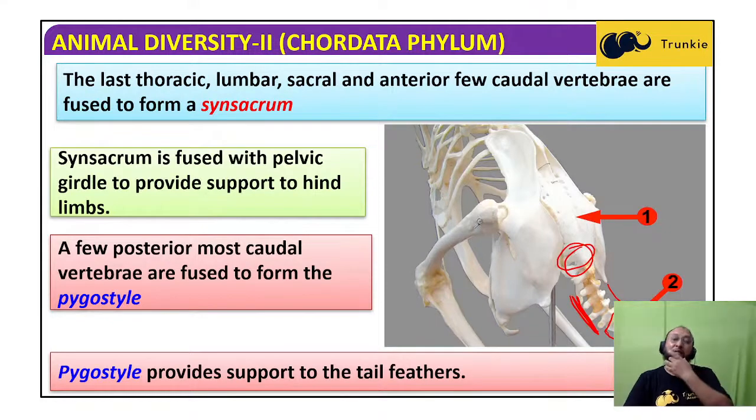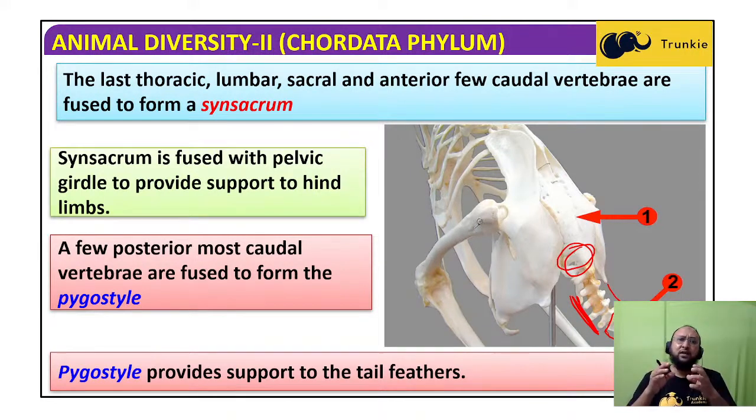Whether the mandible, the orbit, the lower jaw, upper jaw, then the clavicle, the sternum, all these are not actually required. The main points as per the NEET syllabus are the sternum, synsacrum and the pygostyle. Synsacrum is the skeletal structure resulting from fusion of thoracic, lumbar, sacral, and few anterior caudal vertebrae.